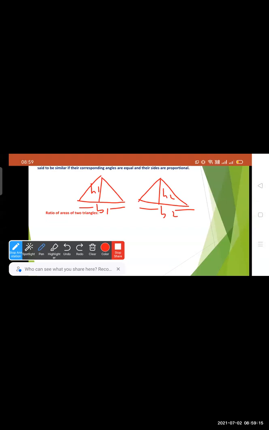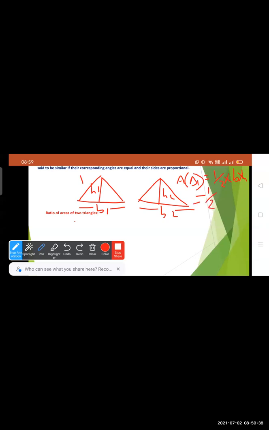Now how do we find the ratio of the areas of two similar triangles? First we know the area of a triangle. Area of triangle 1 is equal to half into base into height. Okay, students, half into base into height.